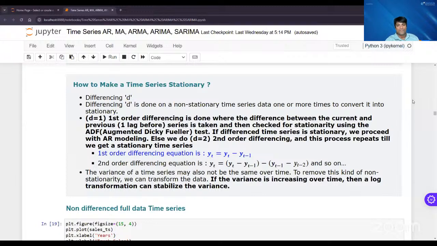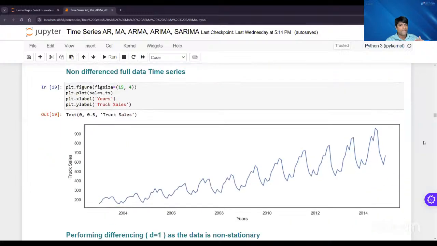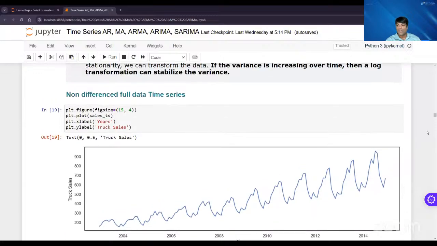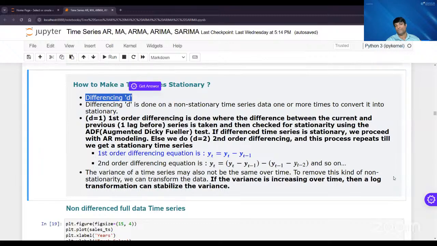Now let me go down to the data part. Let us start with the differencing part, where we apply the method of differencing.